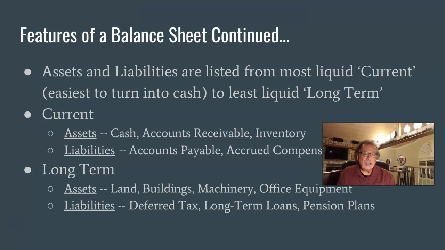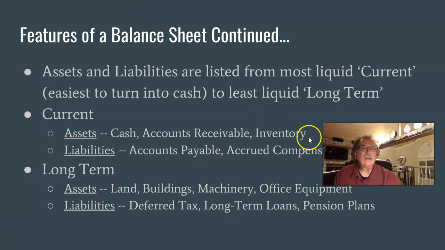It's already cash. Accounts receivable tends to be things that you sold that you expect to get payments on relatively quickly. Now, relatively quickly probably means within 30 to 60 days. From an accounting perspective, it means less than 1 year. And then inventory is things like products that you've made that you can turn into cash quickly.